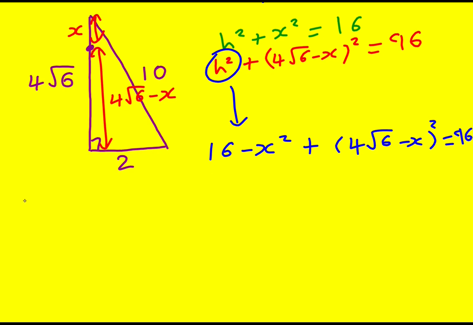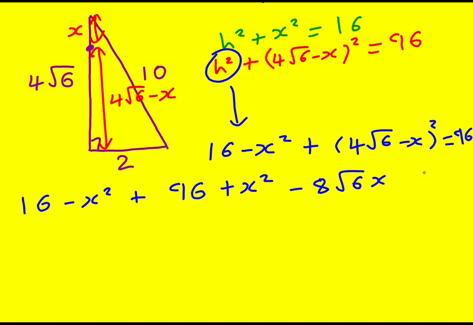Right, I need to expand this out. Remember, this 4 root 6 was actually root 96, so I'm just going to get 96 when I square it. I'm going to get plus x squared, and then I'm going to get 4 root 6 times minus x, but I'm going to double that, so I'm going to get minus 8 root 6 x, and that's going to equal 96.